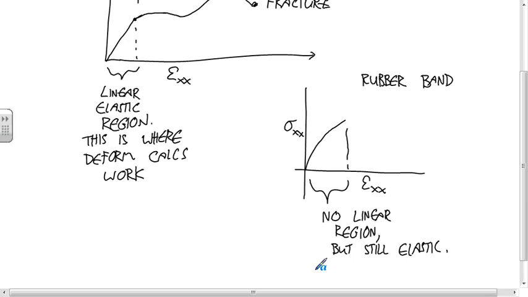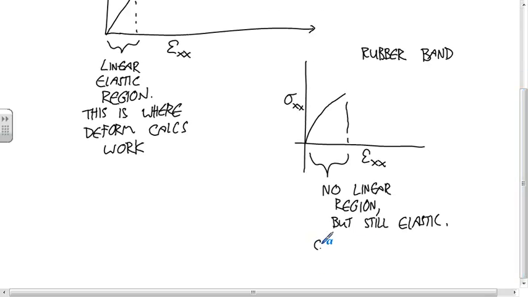For materials like this, you can't use the equation that says the Voigt strain is equal to the compliance matrix times the Voigt stress.